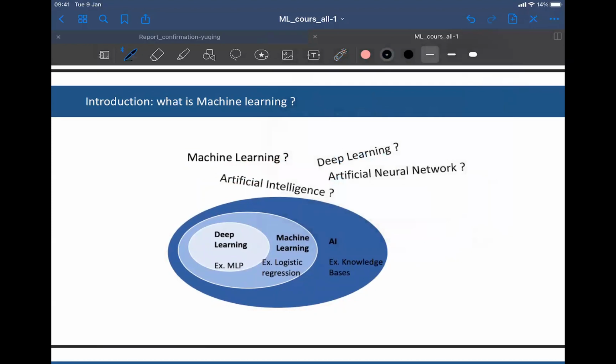So the first important thing is that these are different terminology points that have smaller parts inside of them. So let's start with the inner one. Deep learning is a type of algorithm where, let's say you have an image of someone, you give it to a model, and we will see it later, it's a neural network that has many layers, maybe with convolution, but the thing is that it is deep.